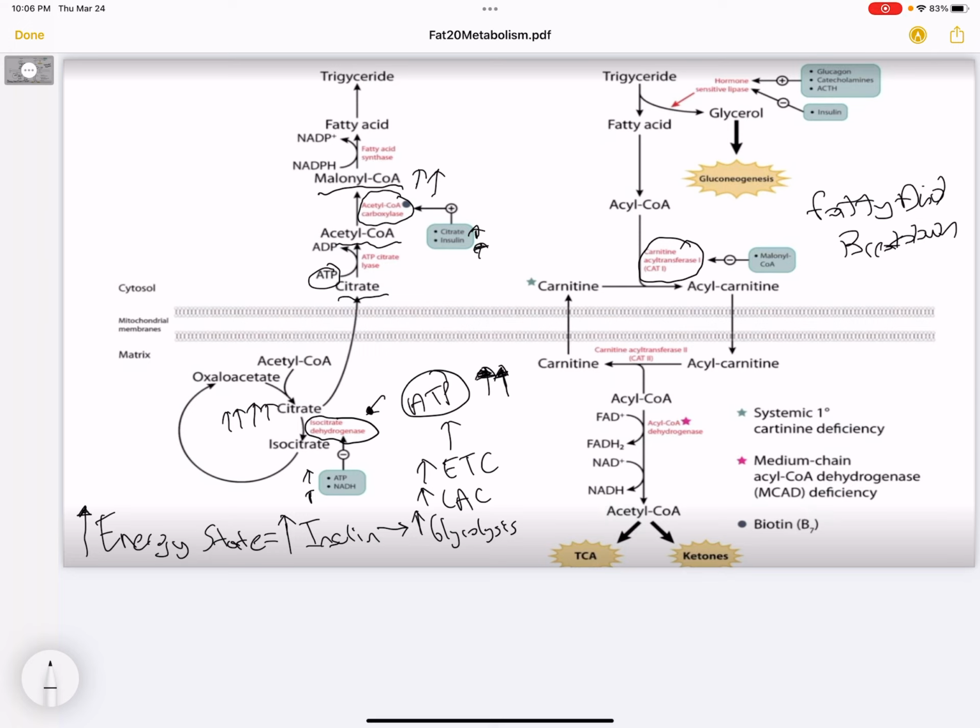We only want either fatty acid synthesis or fatty acid breakdown. So high levels of malonyl-CoA is the messenger that says, hey, we're actually trying to produce fatty acids, so let's not try to break down fats.